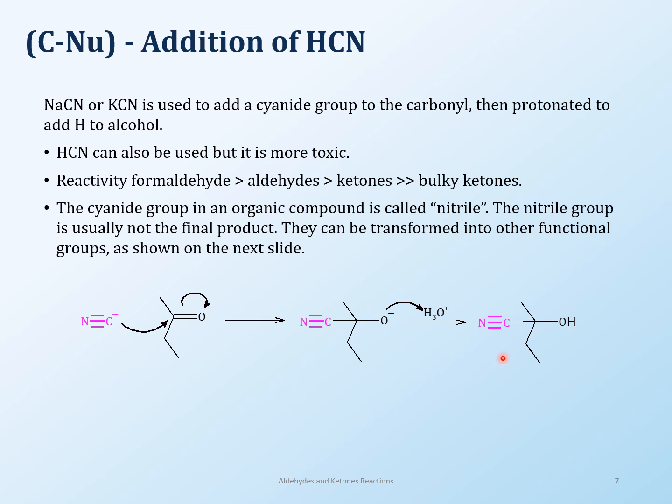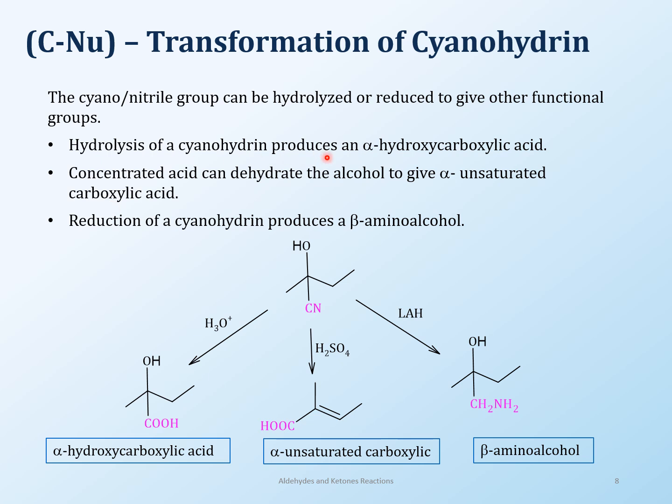But you can take this nitrile group and transform it into different kinds of things, depending on what you want to do. If you treat a nitrile group with dilute acid, you can hydrolyze that to give you a carboxylic acid. We're doing this reaction now, and we will do it again when we get to carboxylic acids.